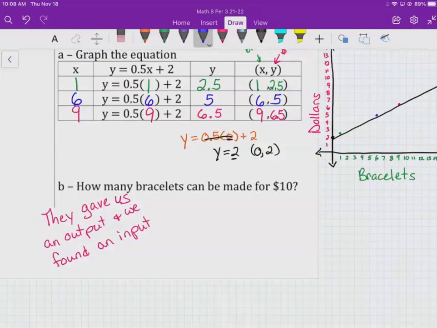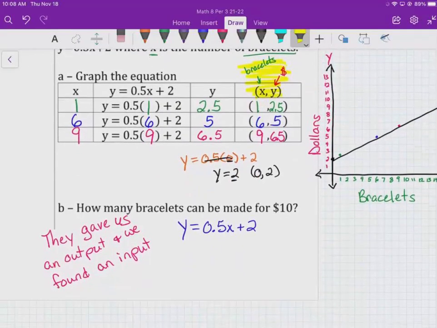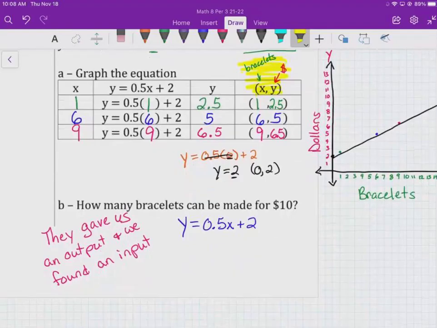So we go back and we have our original, Y equals half x plus 2. Remember, x's are bracelets and y is money. They're asking us to find how many bracelets if we know it's $10. So we're going to take a 10 and plug it in here for the y, and then we're going to solve for x.